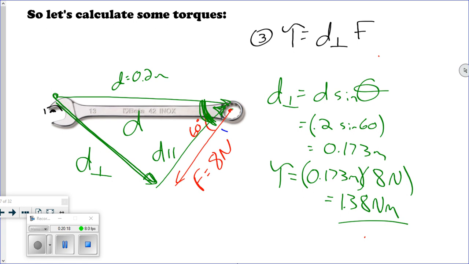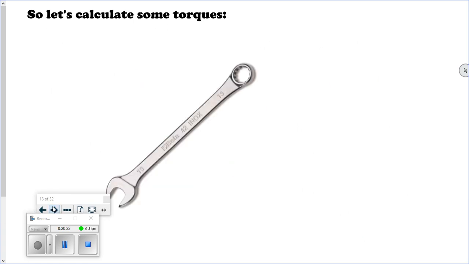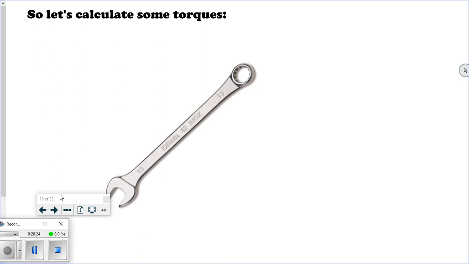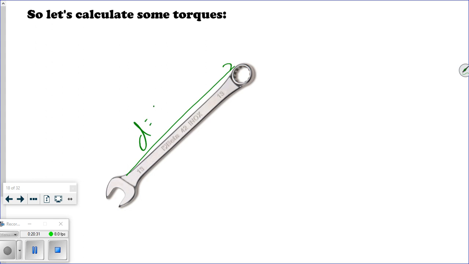But sometimes your lever arm is at a weird angle. Aha, what if I gave you this? Let's use the same lever arm, and suppose I pull down here with a force of 8 newtons, and let's once again make this angle 60 degrees.